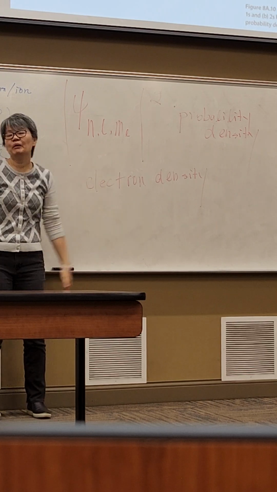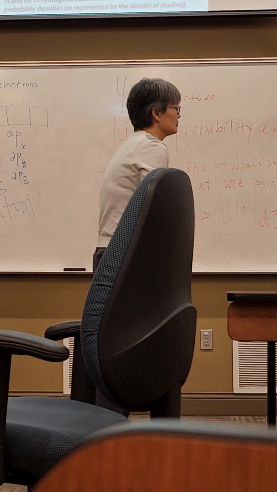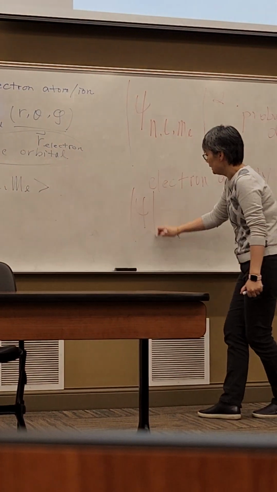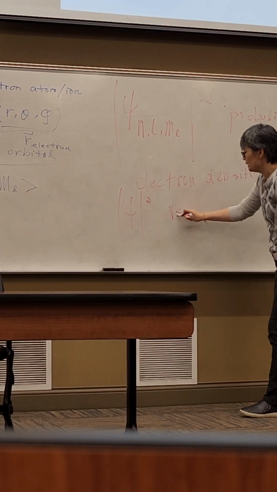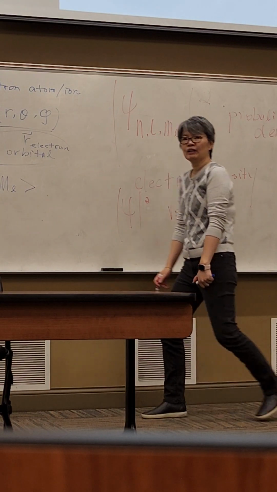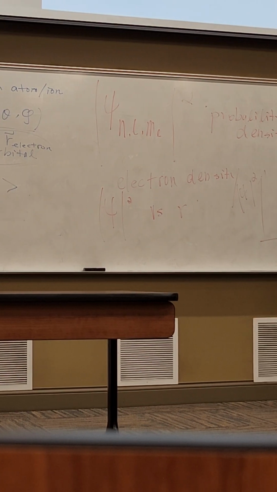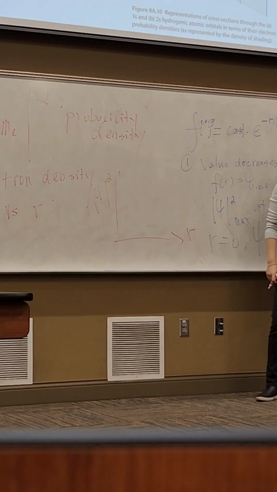Now what do you guys think about the probability density versus the radius? What relationship do you have? If I draw it, what would it look like?